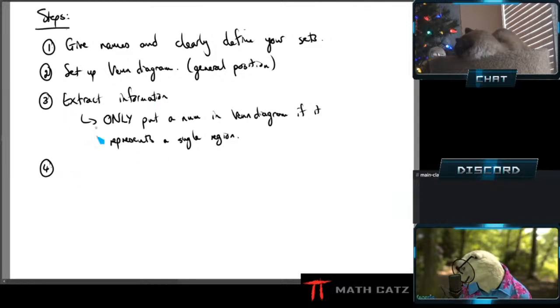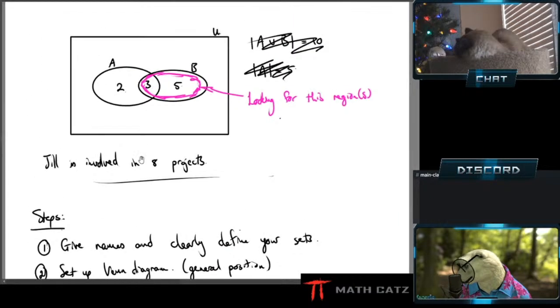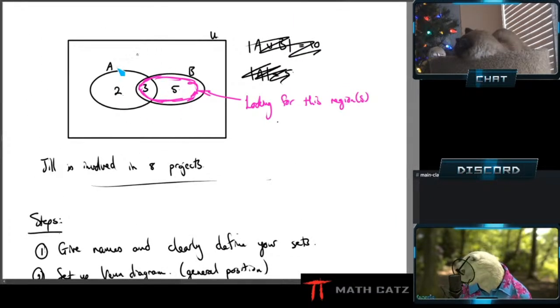Okay, so that's my safety. And if there's information, I do want to get it out. If it's not ready to be put in the Venn diagram, I'll write it on the side. Maybe later I can. But it does happen sometimes.